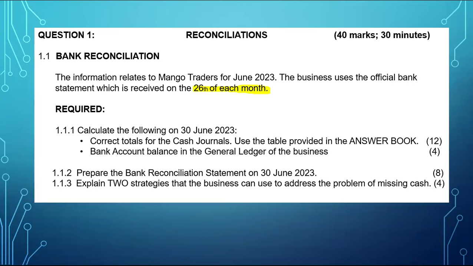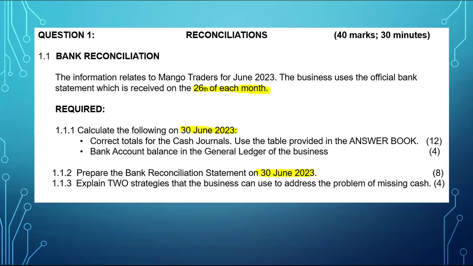You need to calculate the following totals for the cash journals. Use the table provided in the answer book, bank account balance in the general ledger. And all of this must be done on the 30th of June 2023. And then we need to prepare the bank reconciliation on the 30th of June 2023 and also explain two strategies that the business can use to address the problem of missing cash.